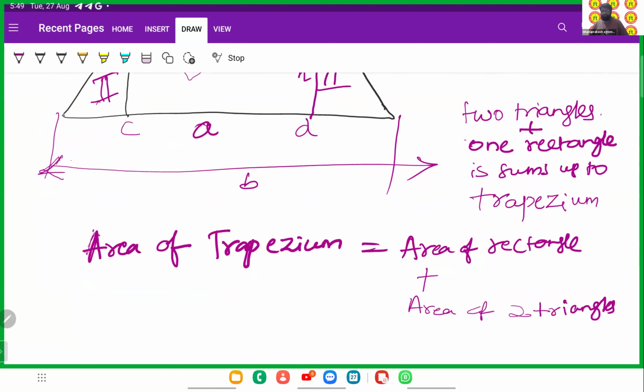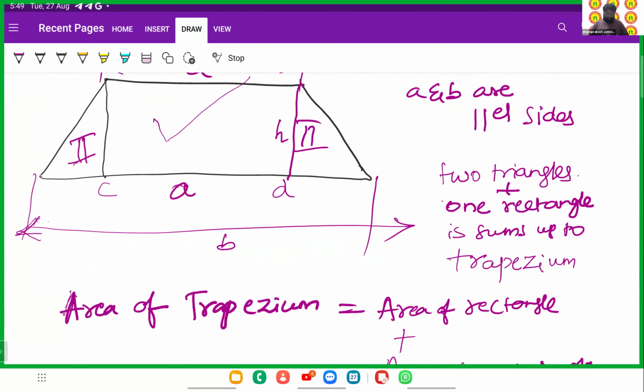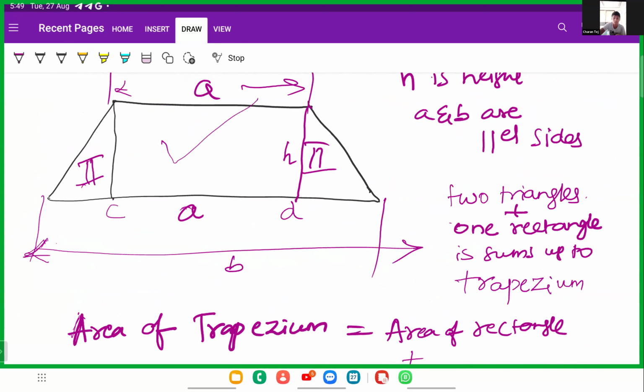Any confusion till now? No, sir. So first, let us calculate the areas.